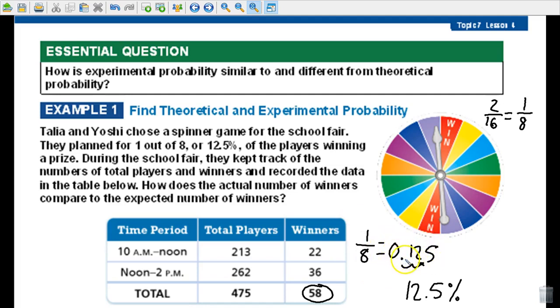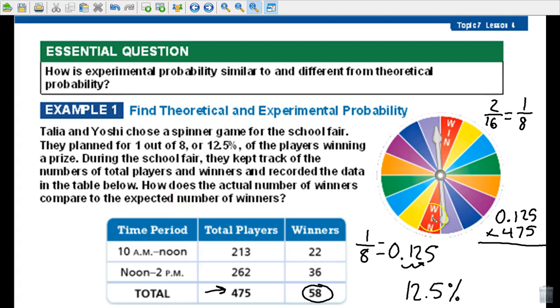To find the expected number of winners, we take the total number of players right here, 475, and multiply it by the expected winners decimal. So 0.125 times 475.